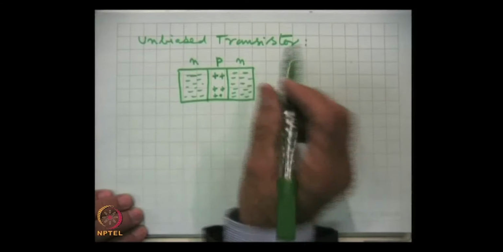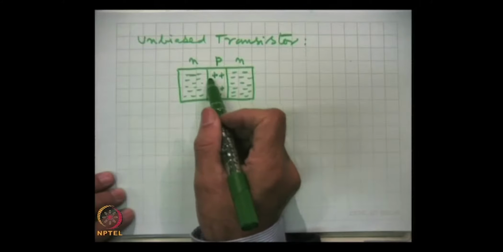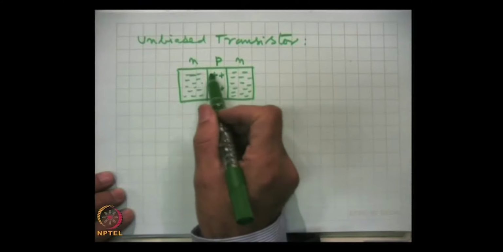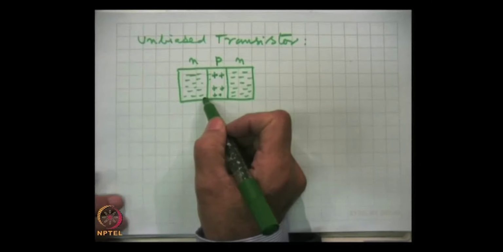Now, we have discussed that when n and p semiconductors meet at a junction, and if there is a structural continuity, then the diffusion of electrons and of course of holes will occur here, and a junction will be formed as we discussed in the case of the diode.